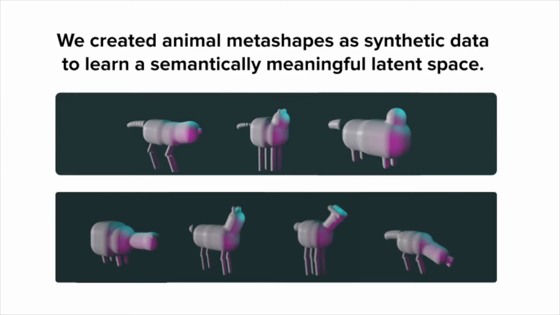And here are some examples of the animals created for this purpose. Our meta shapes were symbolically parameterized by animal limbs, as well as simple operations like translation, rotation, and scale. They were generated from sets of metaballs, which are 3D primitives that additively and subtractively react to one another to coagulate into organic-looking shapes.